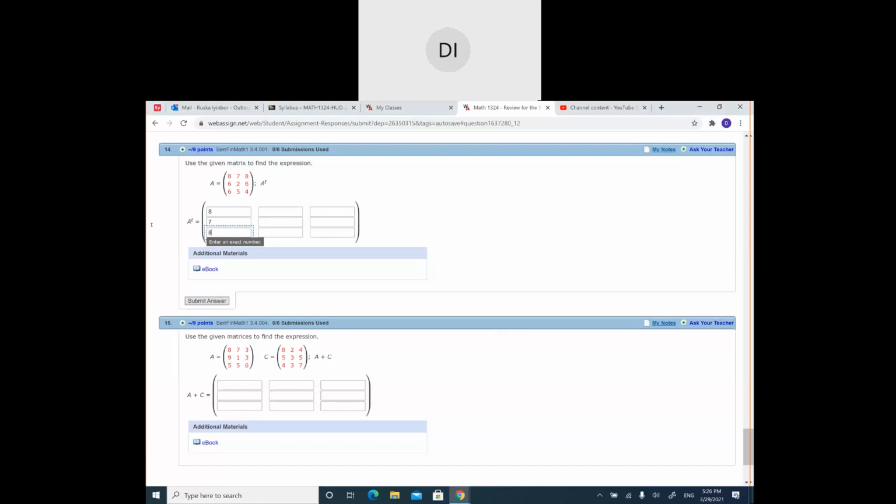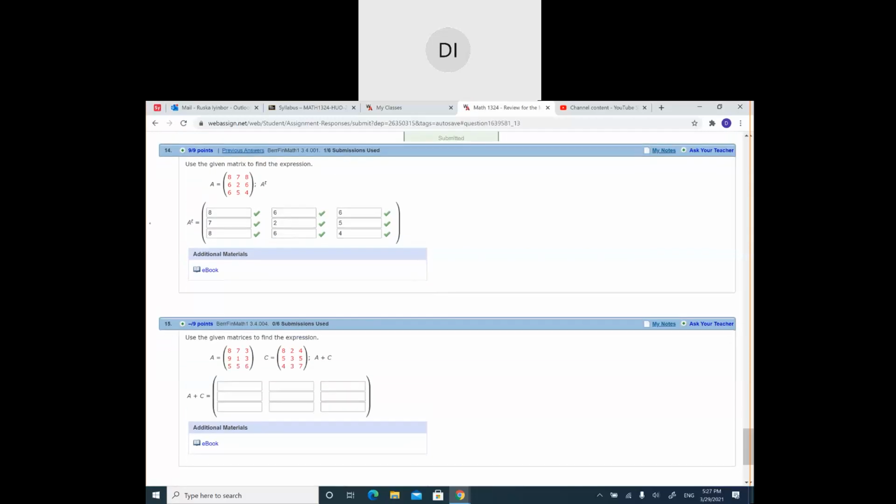And then you're going to go to the second row. Second row is 6, 2, 6, and you're going to make it a column. 6, 2, and 6. And then you're going to go to the last row and you're going to make a column. 6, 5, and 4. And that's it. You transpose, you change row to column.